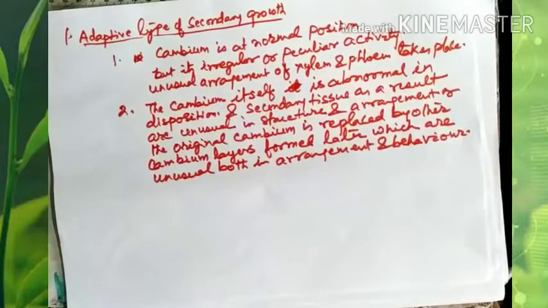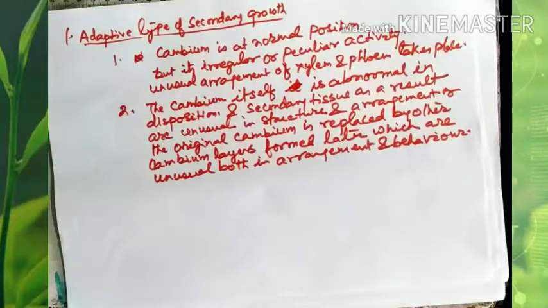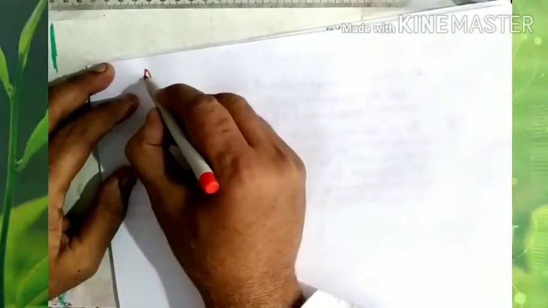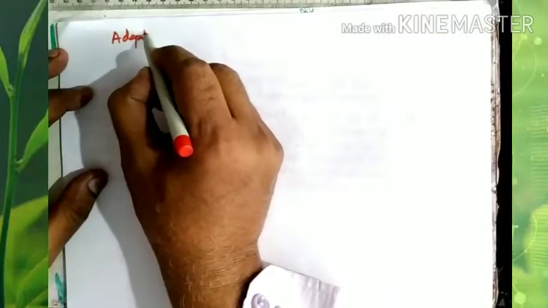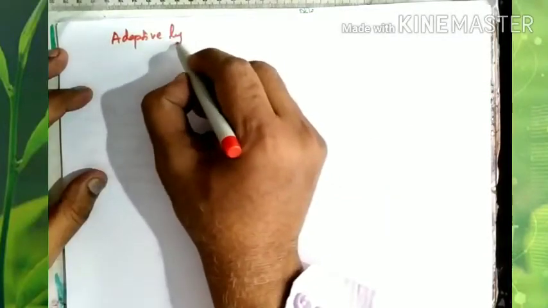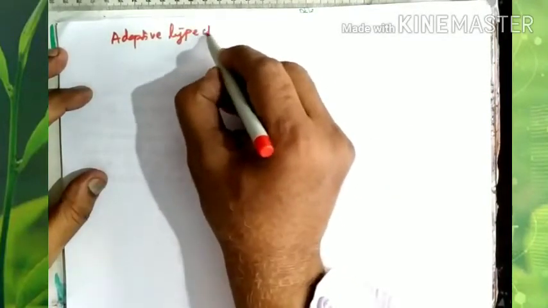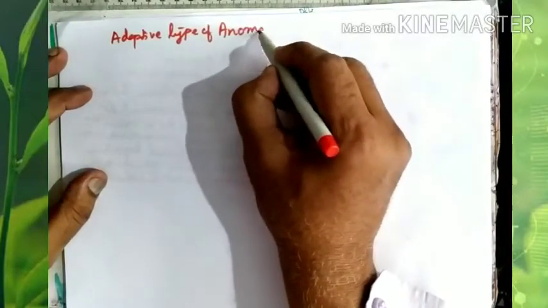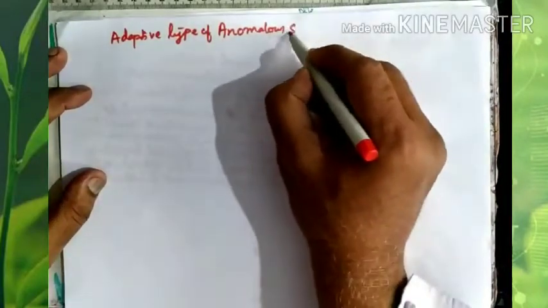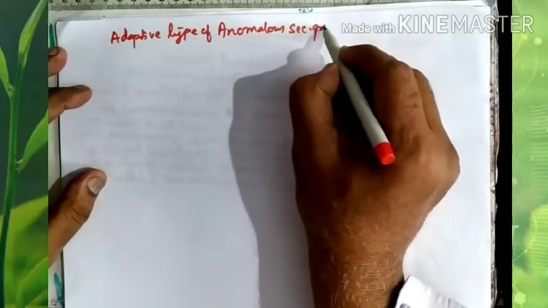So, in the two headings, we will discuss the adaptive type of secondary growth. So, first of all, we come to the adaptive type of anomalous secondary growth.